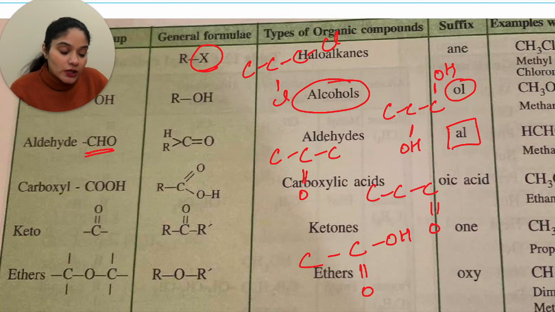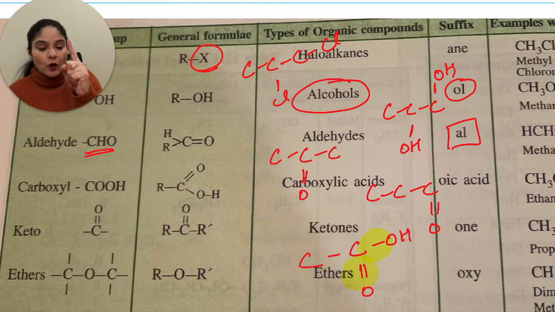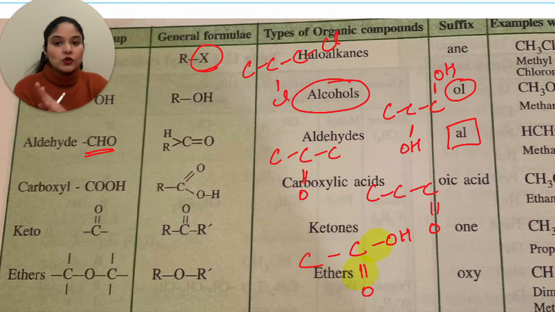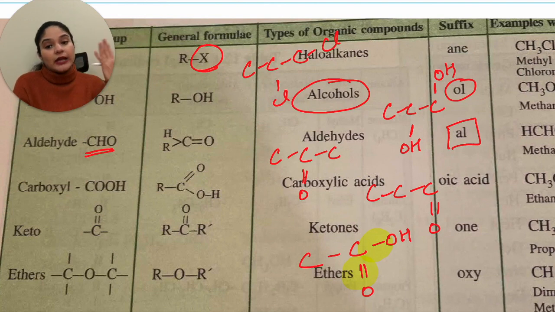If you look at this, you have 1, 2, 3 bonds already, so you are left with just 1 bond. So that means it is at the end of a carbon chain. You do not attach a carboxylic acid or COOH anywhere in the middle of the carbon chain. It is always at the end, at a corner.